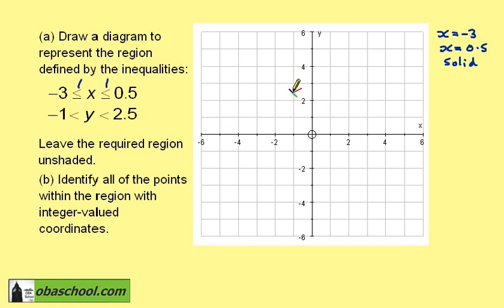So we draw x equals -3, which is a vertical line through -3, and x equals 0.5, which is a vertical line through 0.5. We should always label lines that we draw.